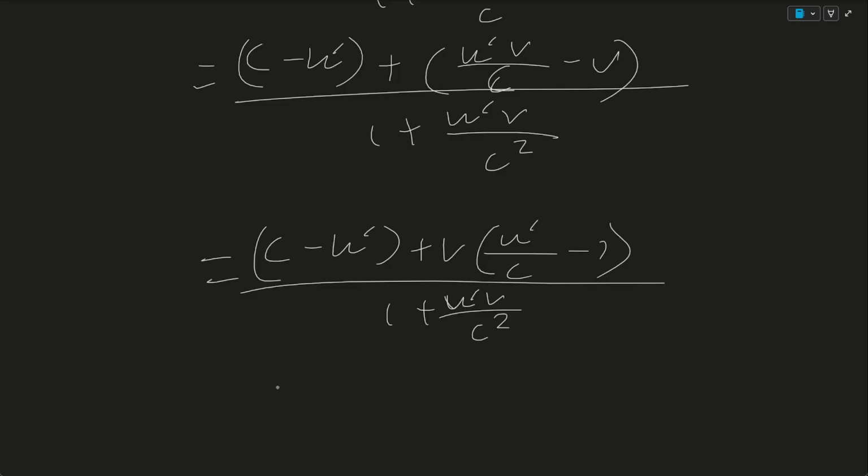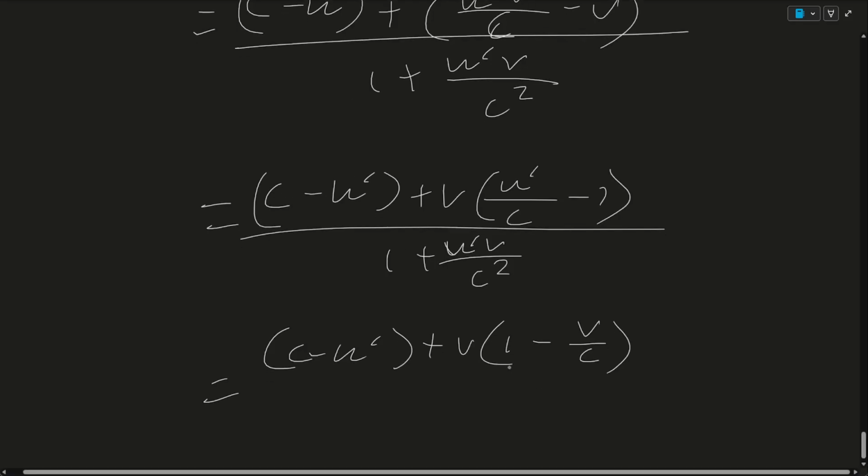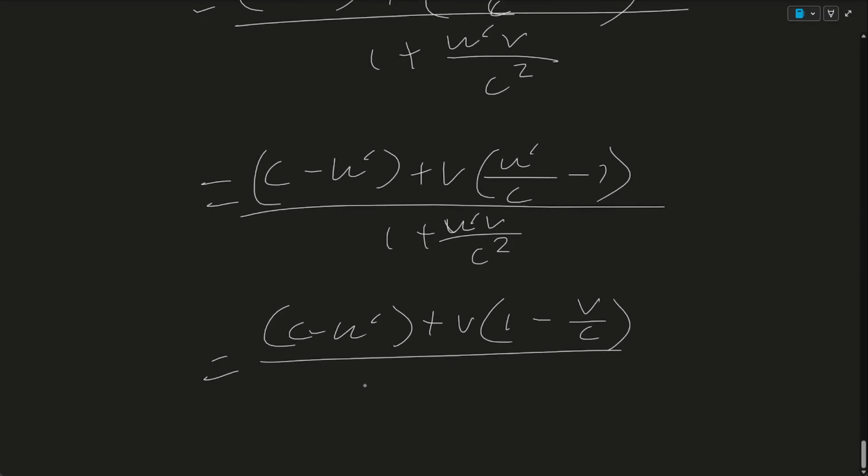And then I'm just going to rearrange in there, and that should give us c minus u dash, I forgot the minus sign, that was pretty terrible. It's u dash plus v, u dash over c, no, sorry, 1 minus v over c over 1 plus u dash v over c squared.